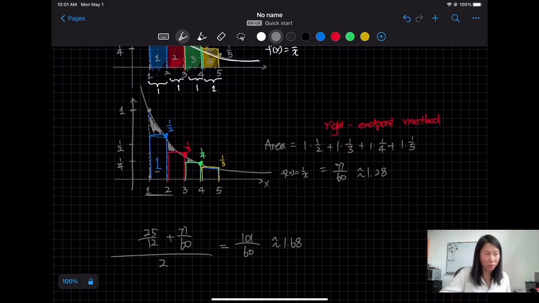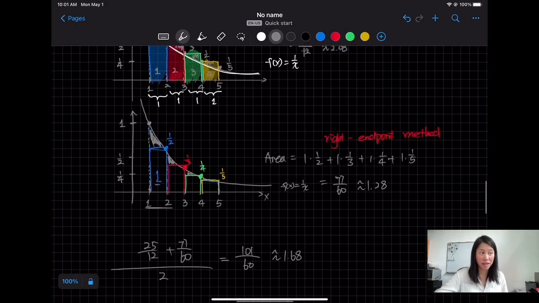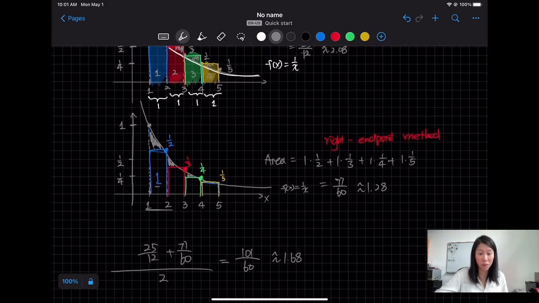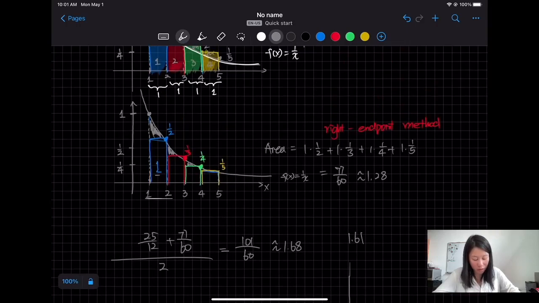In general, the average of the left-hand and the right-hand estimate will be closer to the real area than either one of these individual estimates. So if you're using a graphing calculator, you will get the actual area is 1.61. So if we're taking the average, it's already close enough.